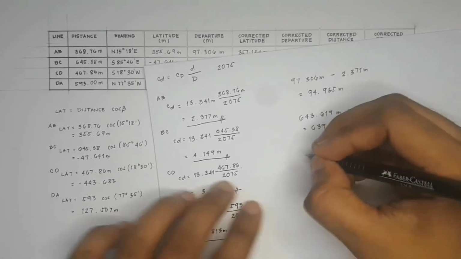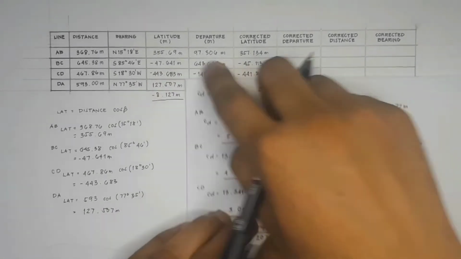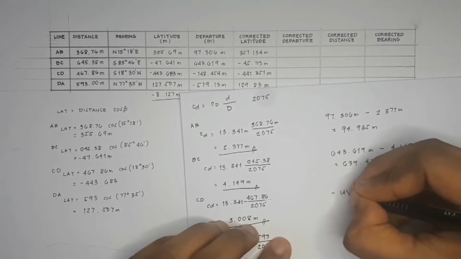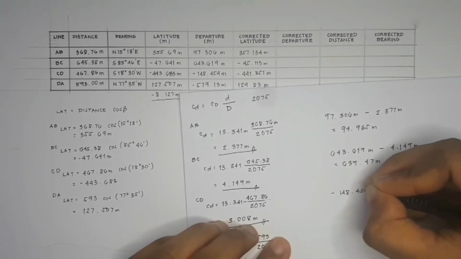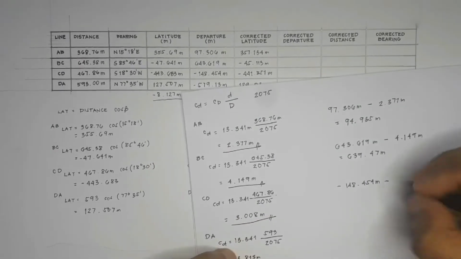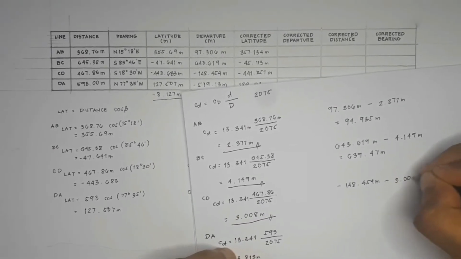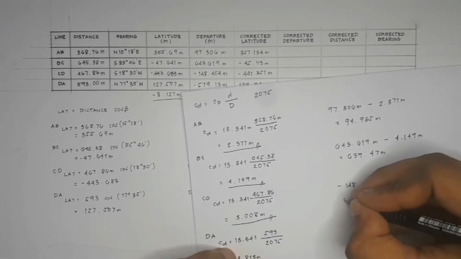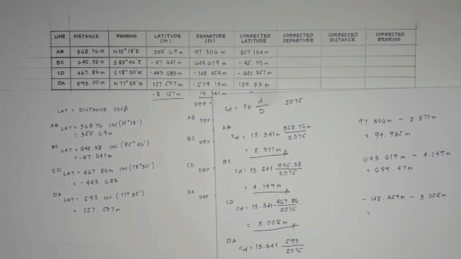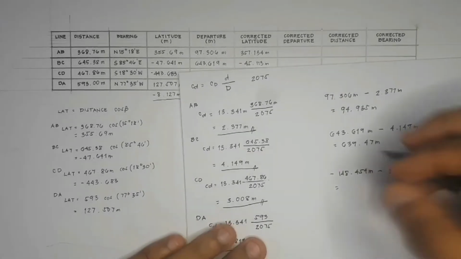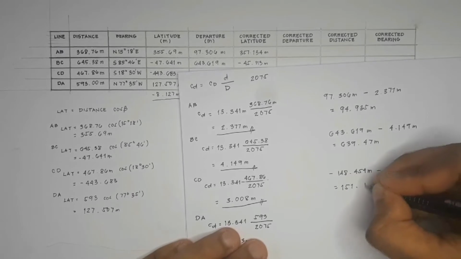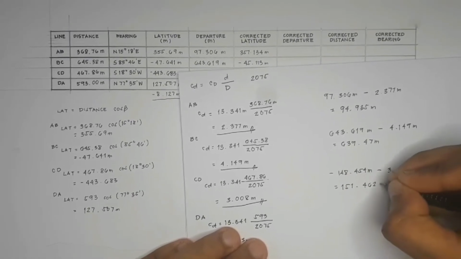Next we have the line CD. Its departure is negative 148.454 meters minus its correction, 3.008 meters, and this will give us negative 151.462 meters.